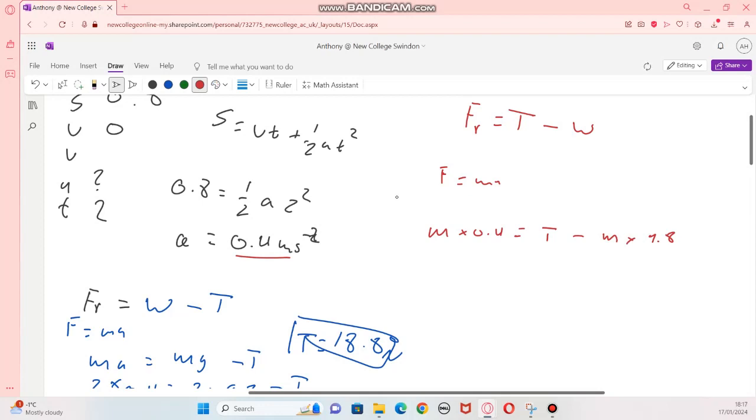Since tension is the same throughout, this tension equals our tension over here, so we plug that in: 0.4m = 18.8 - 9.8m. Moving the 9.8m to the other side, we get 10.2m = 18.8. Put that into your calculator.